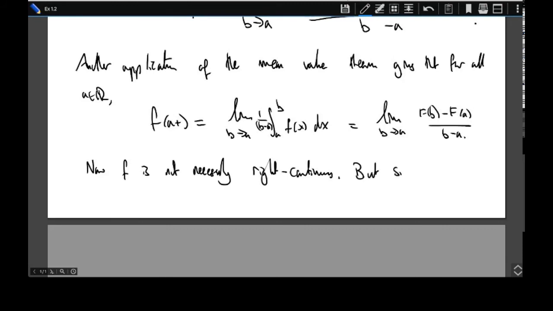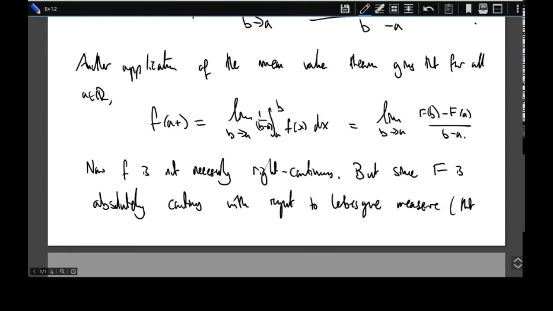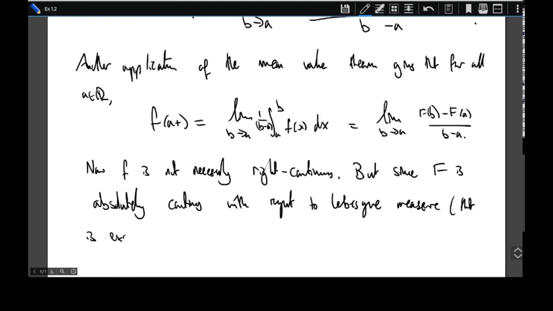But since capital F is absolutely continuous with respect to the Lebesgue measure, which is exactly the condition that it has a density at all.